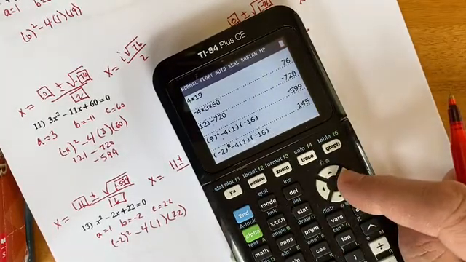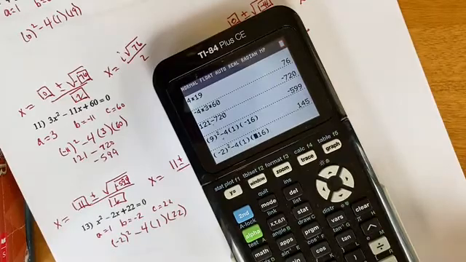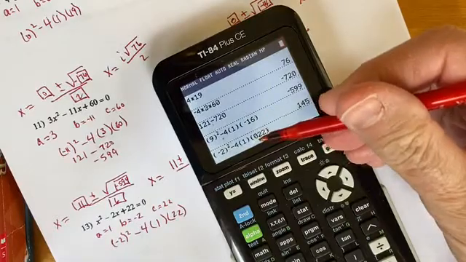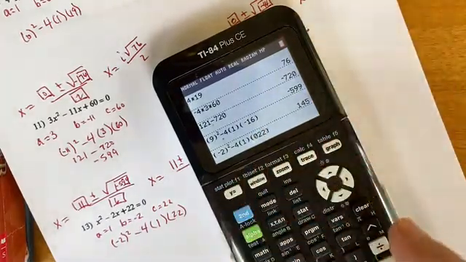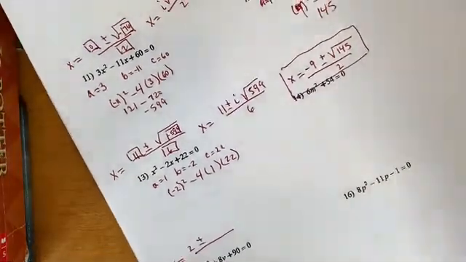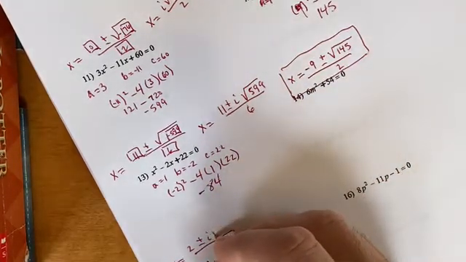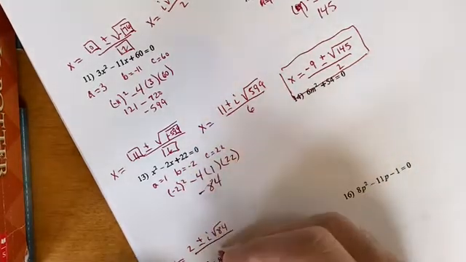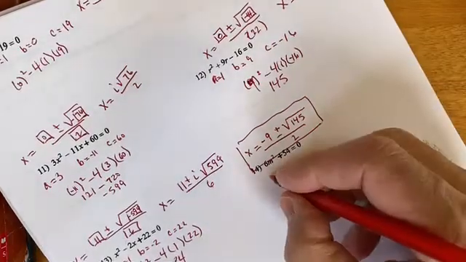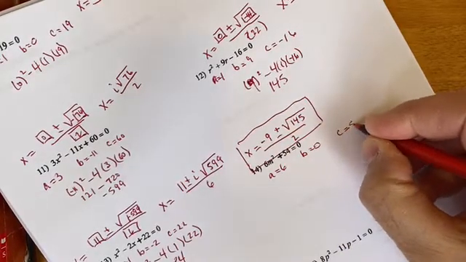Negative 2 squared minus 4 times 1 times 22. I put the 0 there in case I have another 2-digit number and it's negative, then I can just put a negative there. That's minus 84. So this will be i square root of 84 all over 2a. Yep, that's the answer.